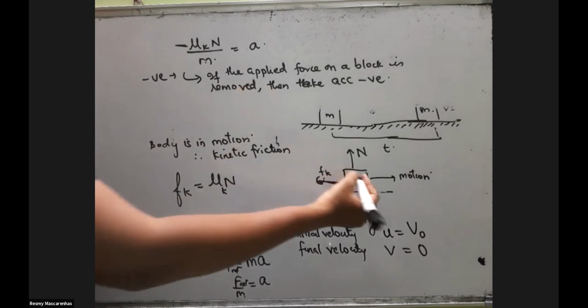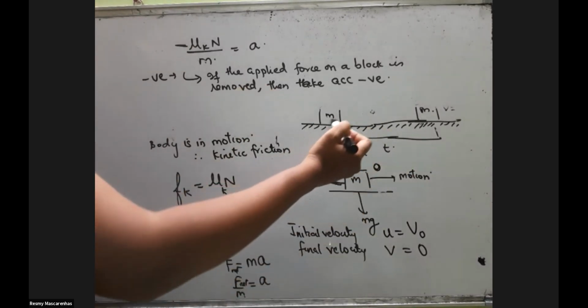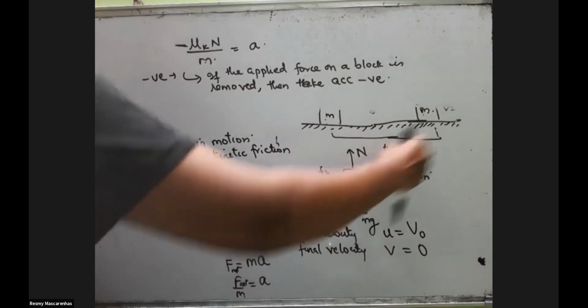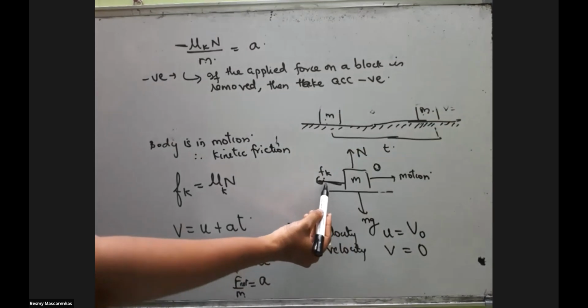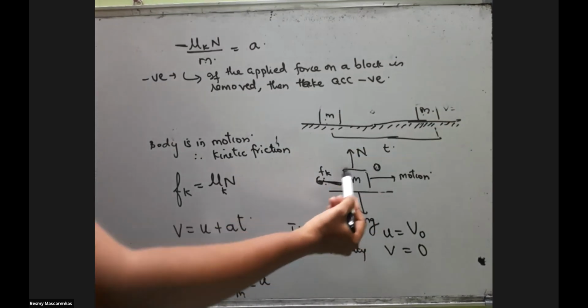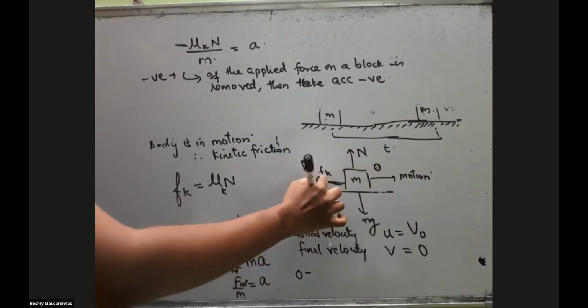Right now there is no applied force, so this force will be 0. When can an object stop? This object will stop only if the external force is removed. So the only force which is there is frictional force. So F net is always what? It would come as 0 minus Fk. This fellow is in the opposite direction.